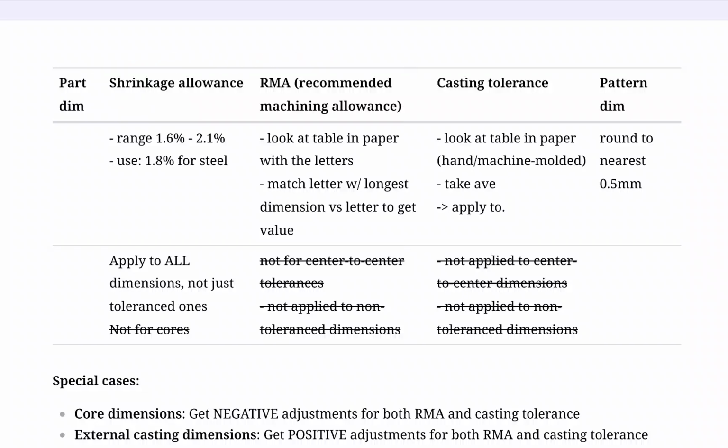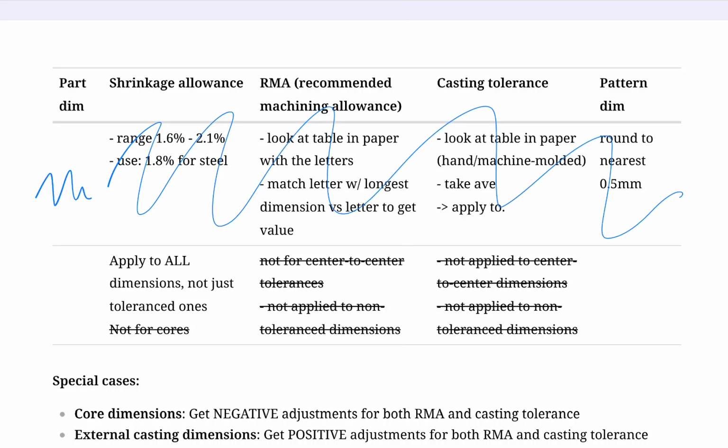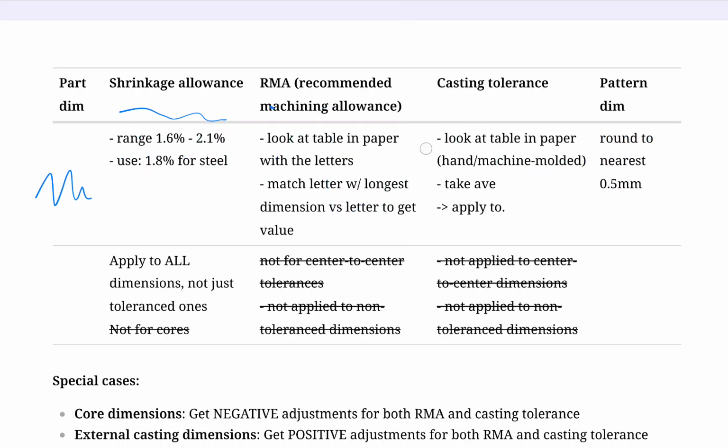You'll usually write down the shrinkage allowance, the RMA, casting tolerance, and then the final pattern dimension that you'll have on that side. What I've done here is just write down what the rules for these are.